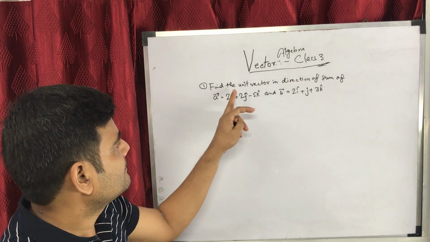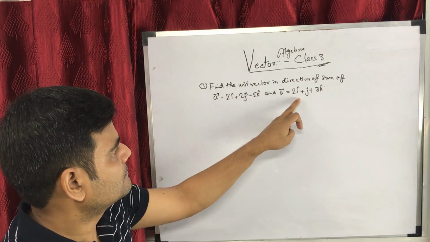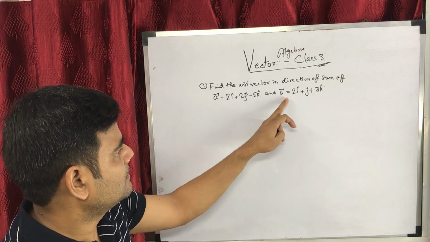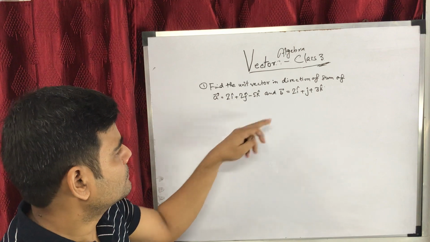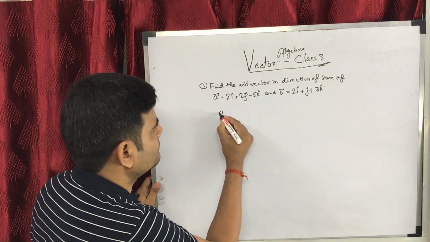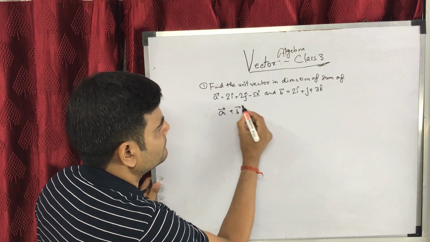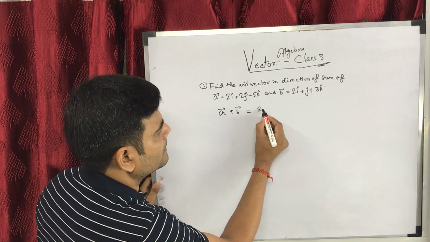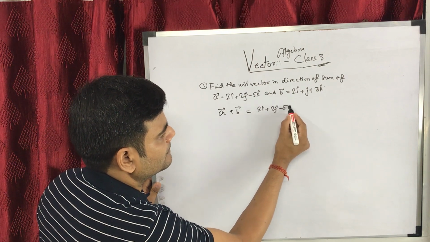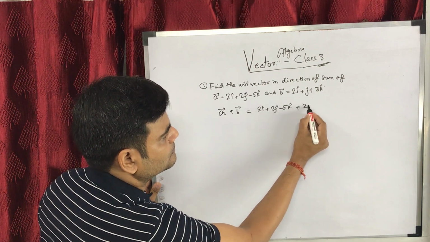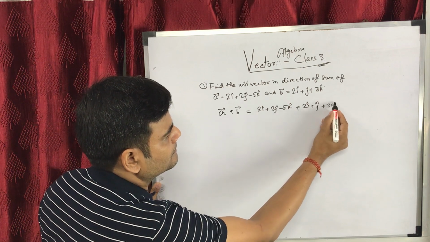The first problem is: find the unit vector in direction of the sum of this vector and this vector. So there are two vectors a and b. First you need to find the sum of the two vectors: 2i plus 2j minus 5k plus 2i plus j plus 3k.